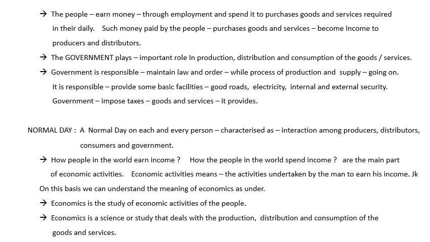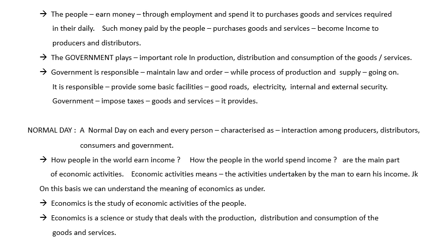The money paid by the consumers while purchasing goods and services from the producers and distributors becomes income to the producers and distributors. In this way, the producers and distributors, by having that money, use it to purchase the goods and services necessary to them.